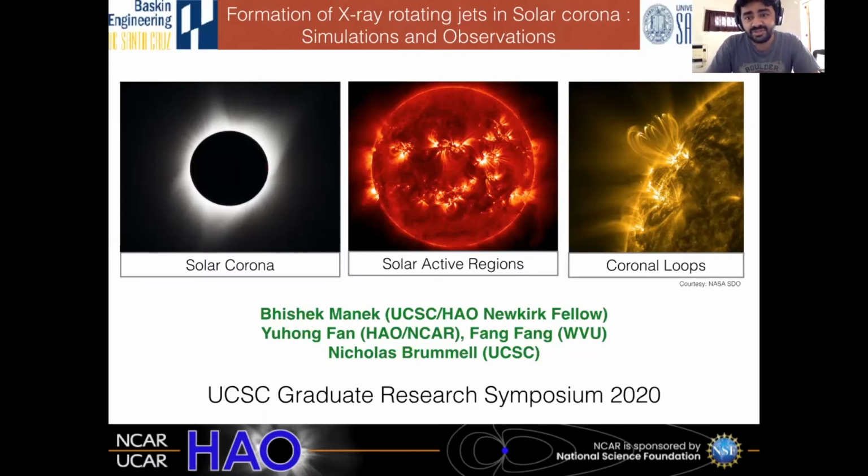The third image is of coronal loops. These are basically magnetic loops that we see when we look at the sun very closely. These are basically magnetic fields poking out of the sun, forming a loop and going back in, and they have really high magnetic activity.